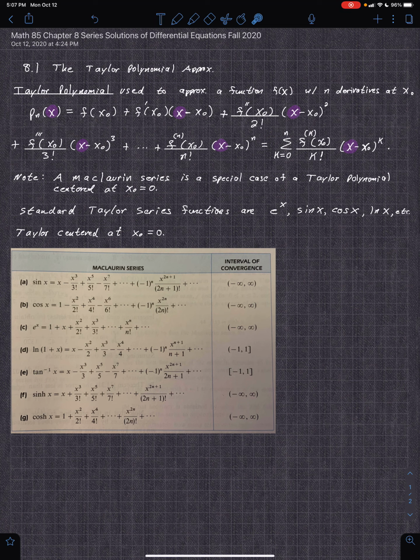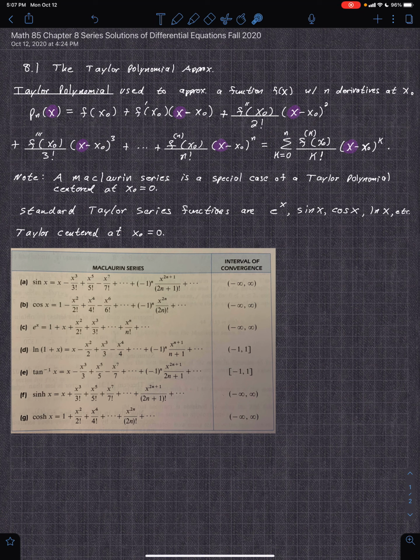In some other books they use a C. It doesn't really matter, but you can say C is 0. And so e to the x, sine x, cosine x, natural log, those are all the typical expansions of the Taylor polynomial.